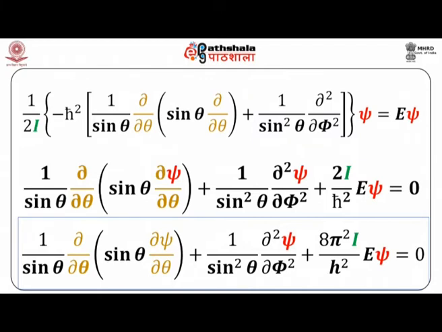Here E is the total kinetic energy of the rigid rotator, and I is the moment of inertia about which we have talked earlier. So in polar coordinates, our Schrodinger equation for a rigid rotator looks as it is shown in the equation.